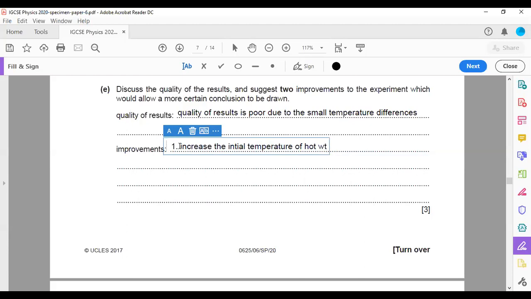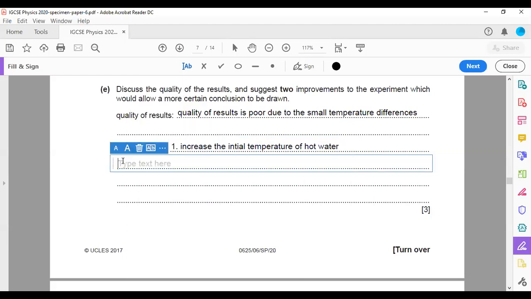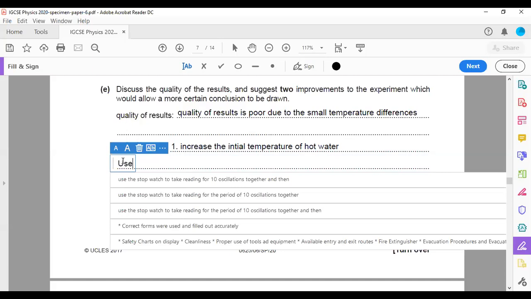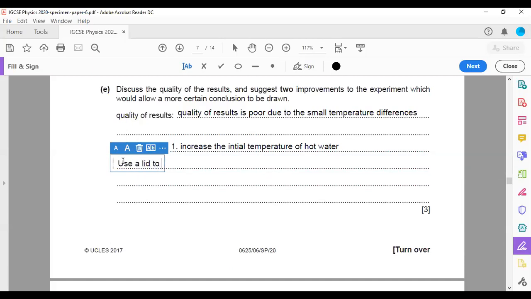So instead of the hot water being 80 degrees, let me carry it up to 90 or 100 degrees. The first thing. In that way we'll get a wider range of readings. We could also use a lid to cover the test tube.